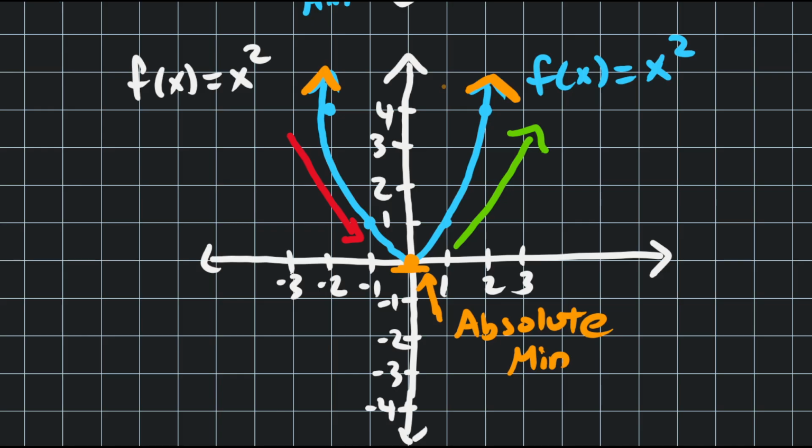Because this graph can go to positive infinity all the way up, there is no absolute maximum value. So for f of x equals x squared, there is no maximum value. There's just an absolute minimum value, and that's the only extremum we have for this function. So that's how you find the extrema of a function.